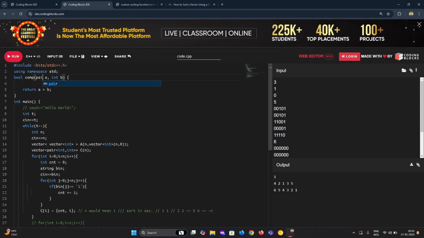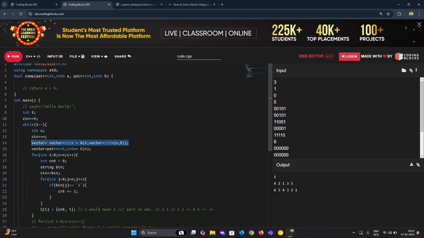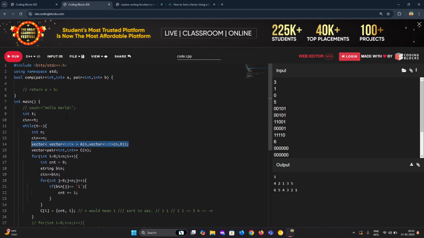So it's going to take a pair of int comma int, pair of int comma int, and it's also going to take something else. It is going to take this vector, which we'll have to clear out after we are done if we want it to be global.